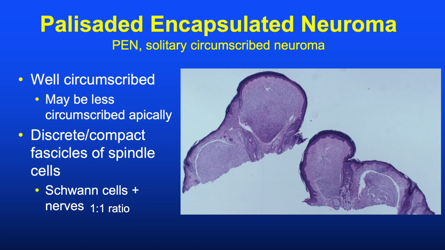Returning now to the world of common neural tumors, Palisaded encapsulated neuroma, or PEN, is the first of a group of really unrelated entities that are classified as neuroma, although some of them actually represent hyperplasias. PEN, however, is regarded as a benign neoplasm, and in contrast to neurofibroma, they tend to be very well circumscribed, although not necessarily encapsulated.